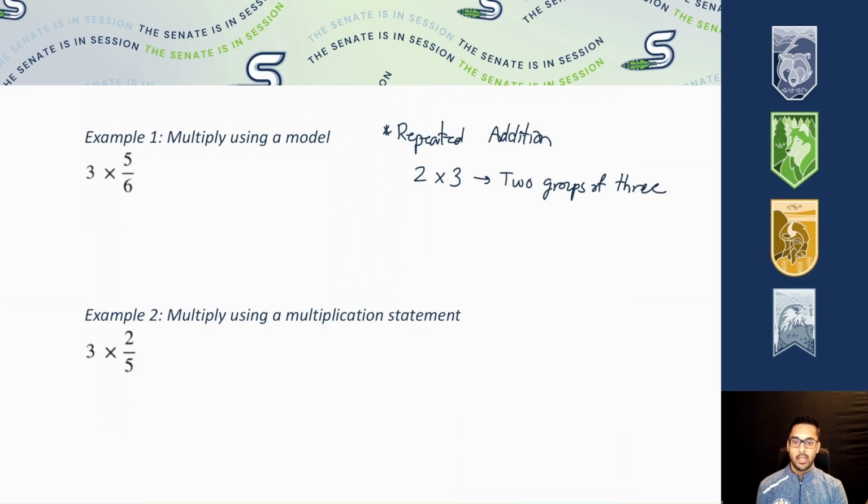You can multiply in any order. So if I do 2 groups of 3, there are 2 groups of 3 in total, which would give me 6. I know 2 times 3 is 6, so let's go show this using a fraction instead.